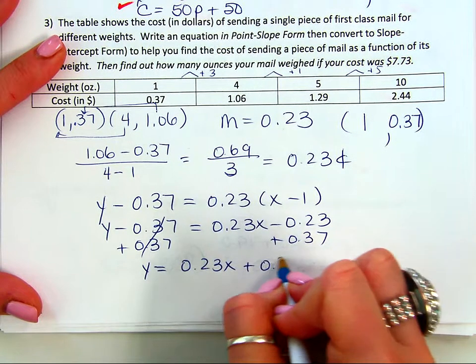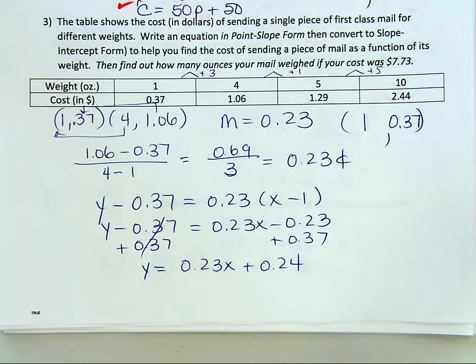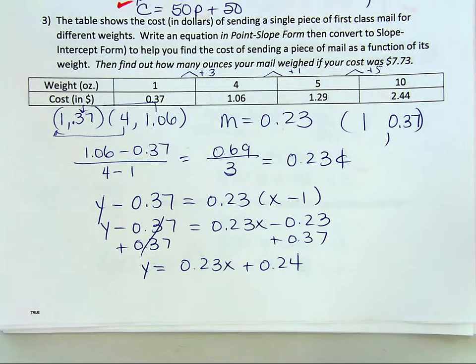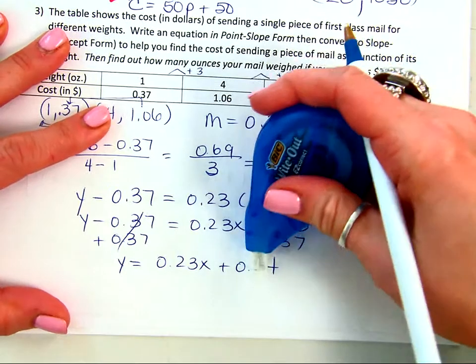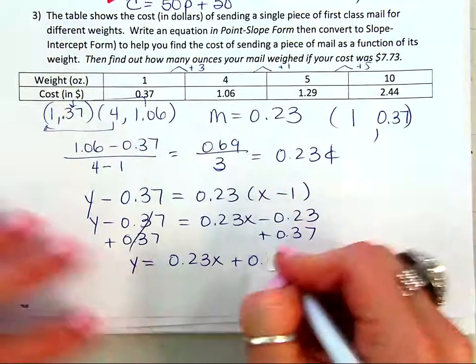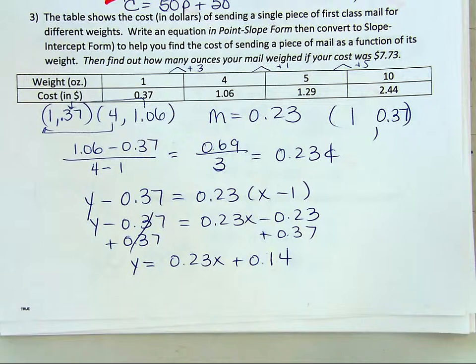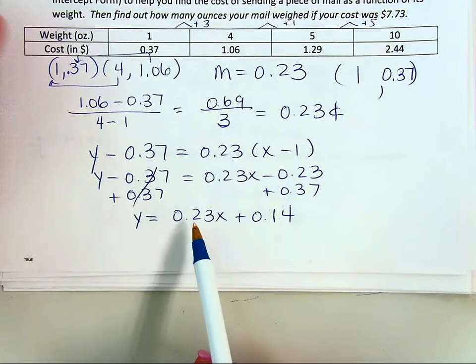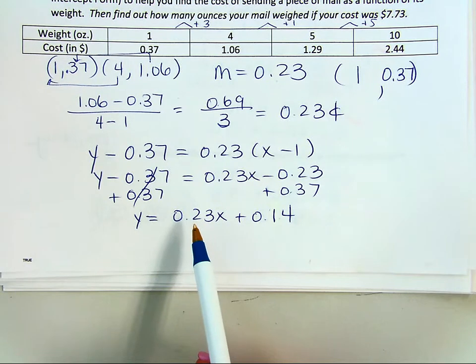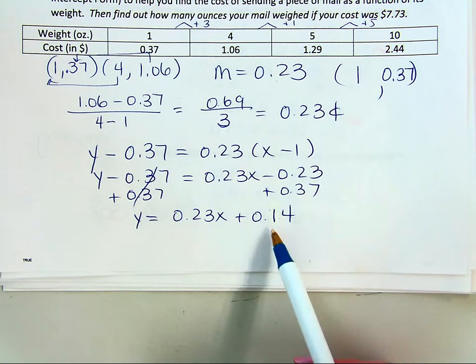Okay? Oh, I did that last time too. That's 14 cents. So now, what this means is it's actually 23 cents per ounce, right? And there's a 14 cent fee for whatever they decide.